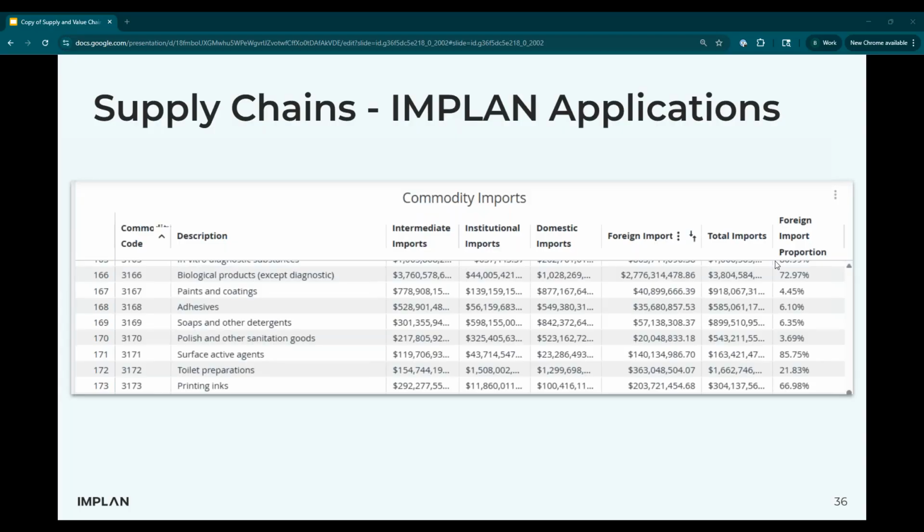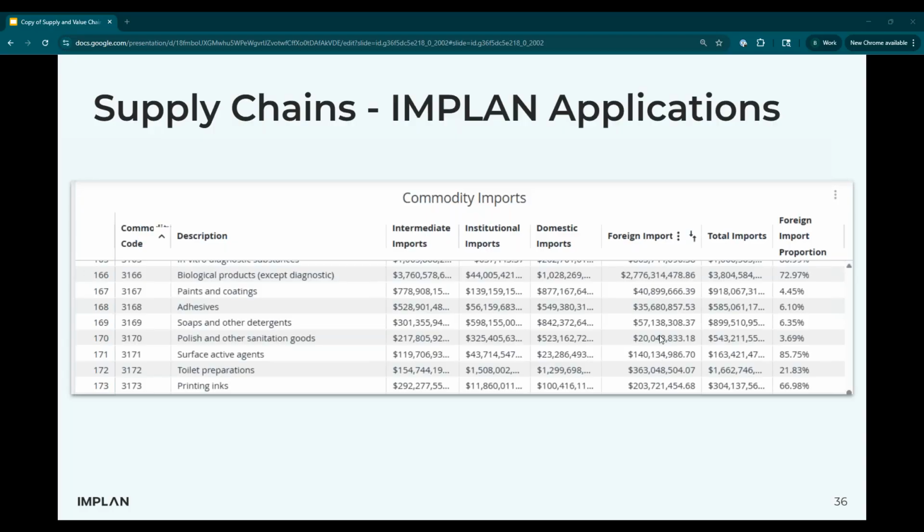And if we remember from the previous table, they're 14% of the intermediate goods cost of pharmaceutical manufacturing. So when we're thinking about how the overall manufacturing process for pharmaceuticals in North Carolina is going to be affected, we're going to think about it in terms of the degree to which biological products are affected.